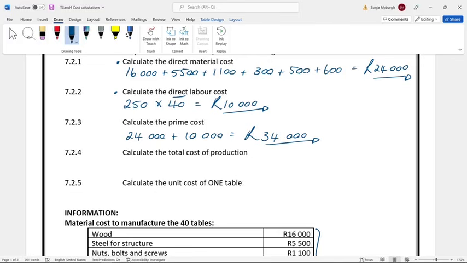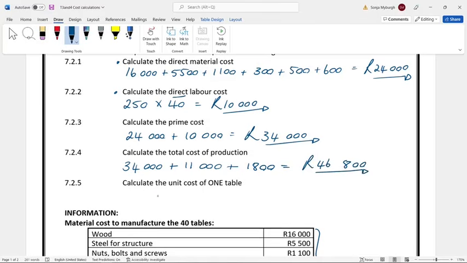Total cost of production is the prime cost, which we've calculated, plus the overheads: 11,000 for the rent, and water and electricity, 1,800. So there's the total cost of production, 46,800.